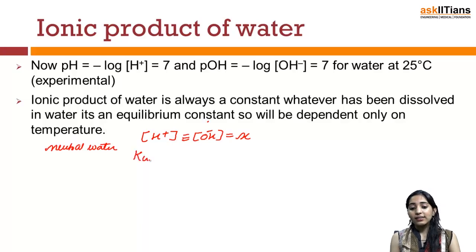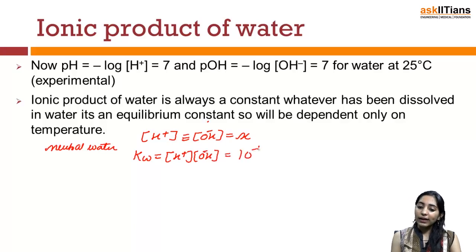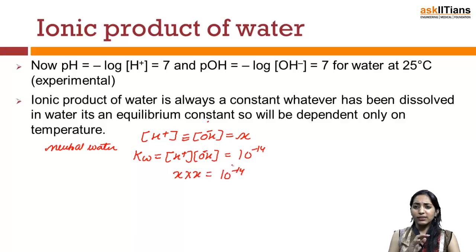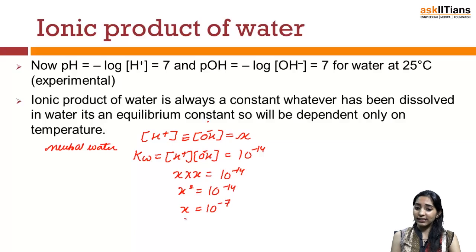Kw, which is the concentration of H positive into the concentration of OH minus, is 10 to the power minus 14. So x into x is 10 to the power minus 14, and whatever we are doing now is all at 25 degrees Celsius. So x square is 10 to the power minus 14, and the value of x will be found to be 10 to the power minus 7.